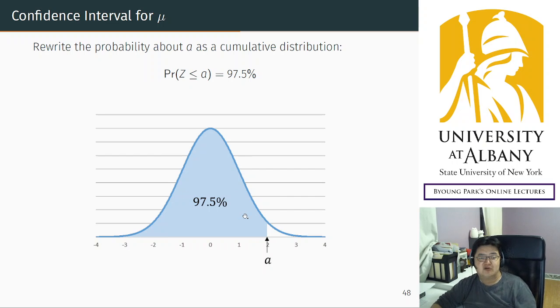All are equivalent. And we did some exercise to calculate this value in an earlier chapter. If you are not sure how to find it, I recommend you go back and review the normal distribution chapter.